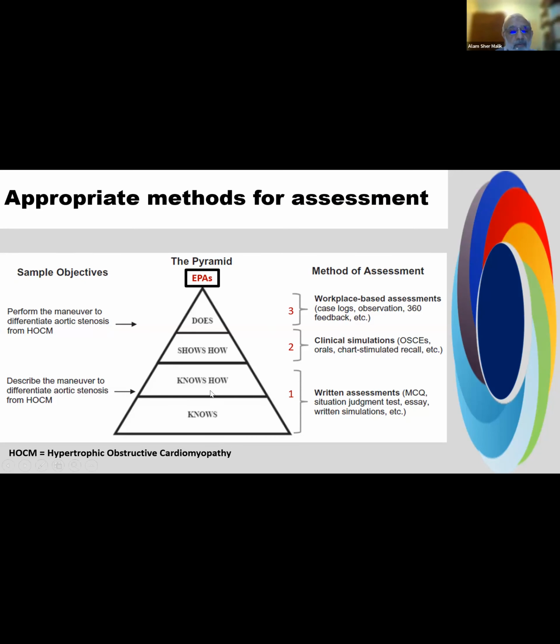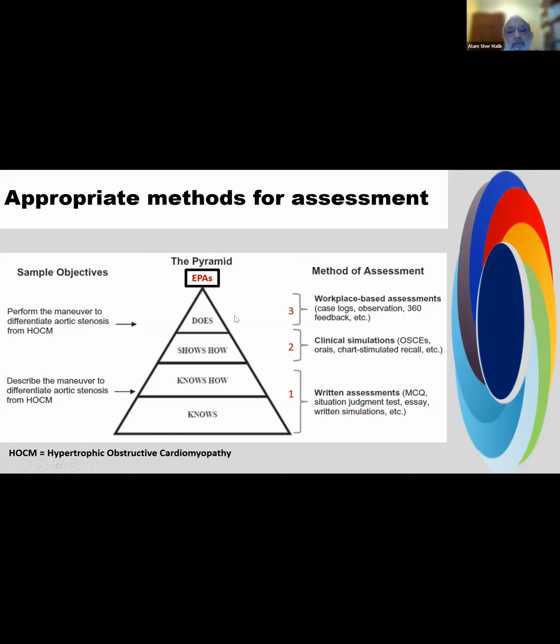For example, if we look at Miller's pyramid, for the first two levels, knows and knows how, the best method of assessment is written examination, whereas at the shows level, it would be clinical simulation, OSCEs, for example.